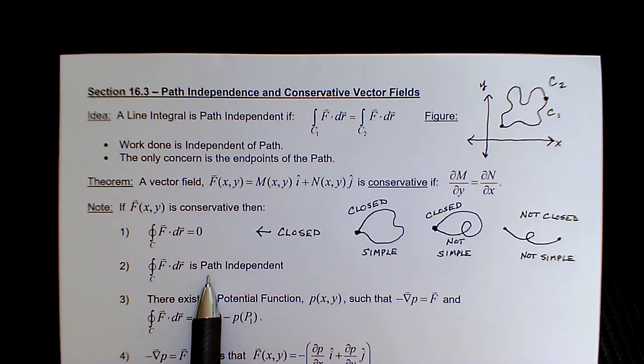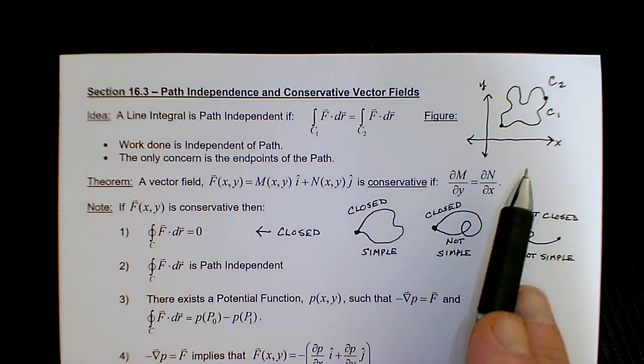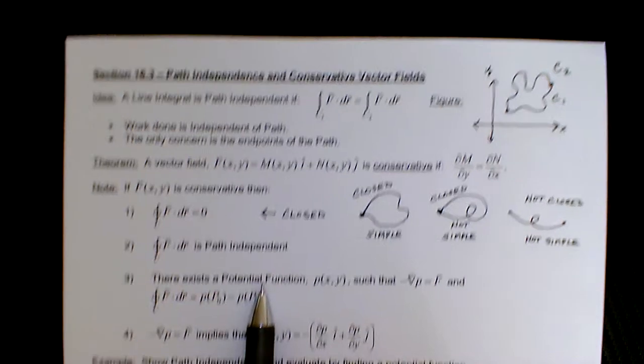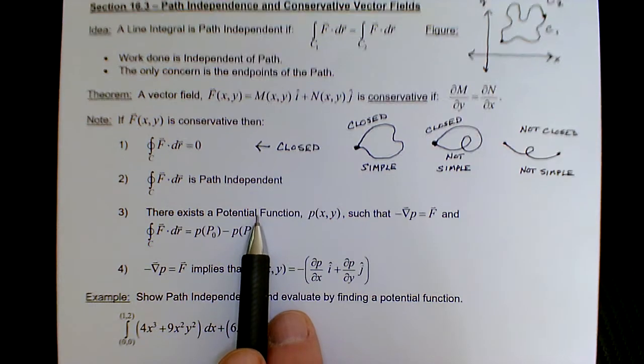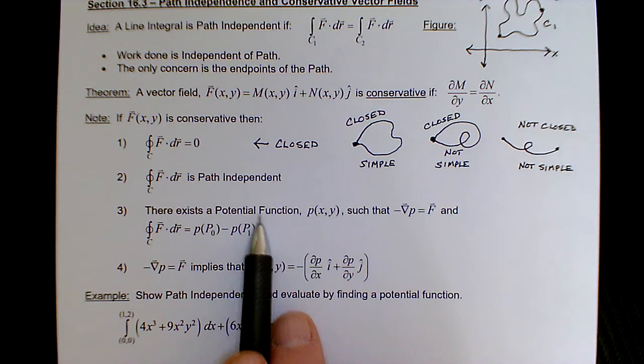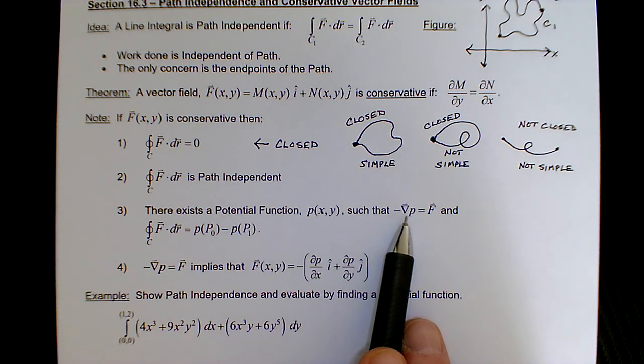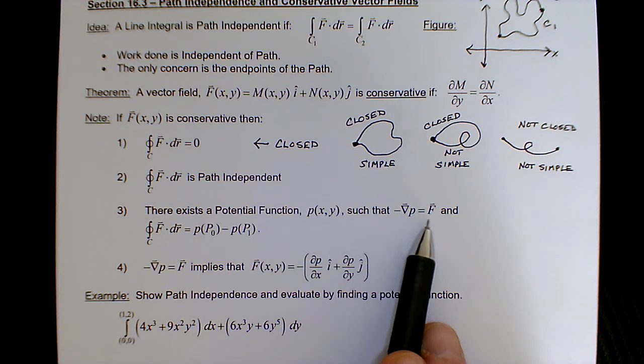It's path independent, as we stated here, and there's some function out there that we call the potential function, such that if you take minus the del operator of the potential function, so remember del is really just the derivative, it's going to equal the vector field.